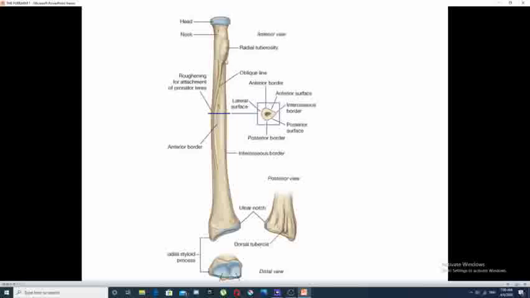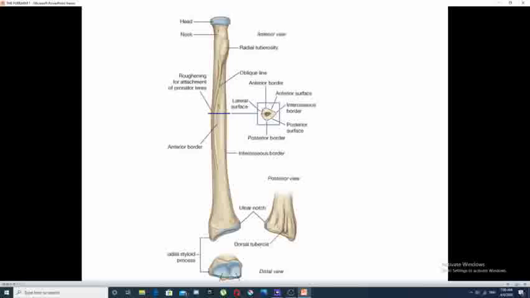Next to the tuberosity, there is the shaft of the radius, elongated, triangular on transverse section. It has three surfaces: anterior surface, posterior surface, and lateral surface.